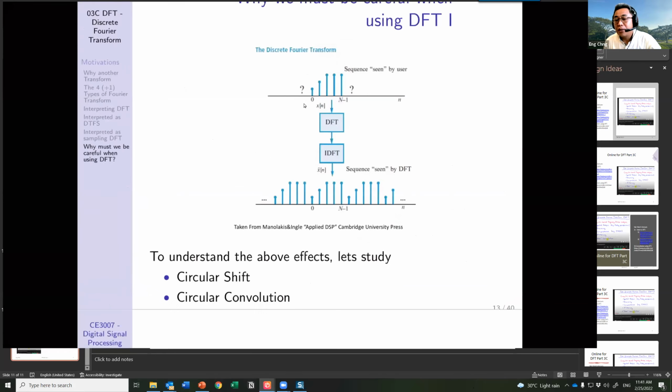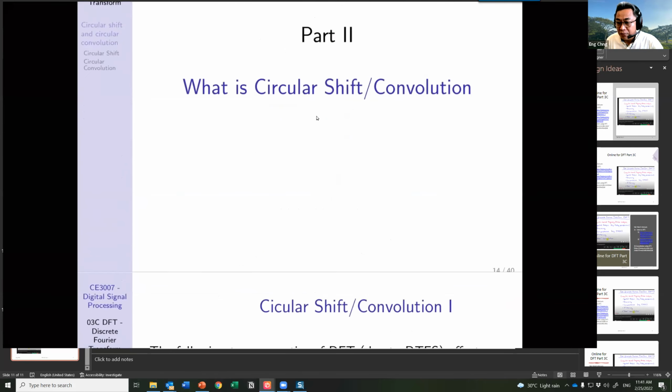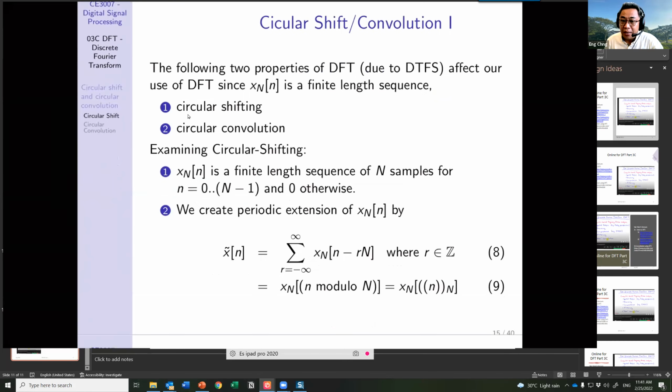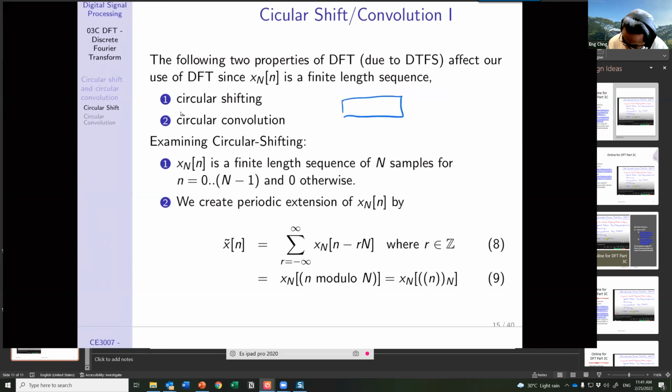Right, the topic is circular shift and convolution. Circular shifting means basically that we are rotating a buffer. For example, if we have a buffer that is 4 elements long, 1, 2, 3, 4, and then we are delaying it, then you'll have 1, 2, 3, and this guy has gone out and what comes in is 0.